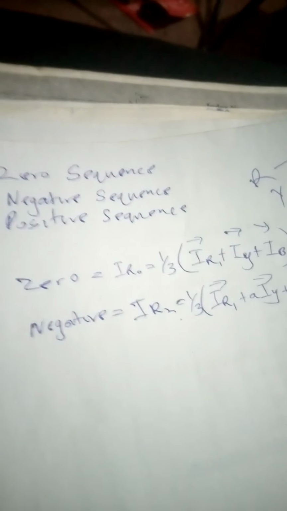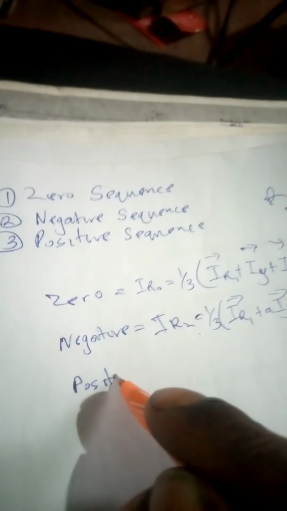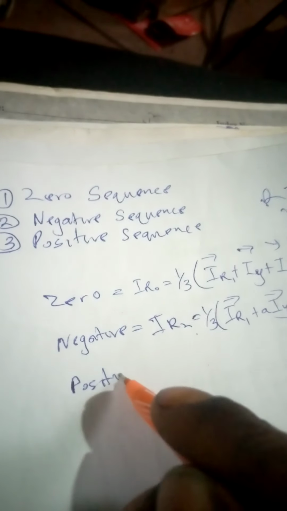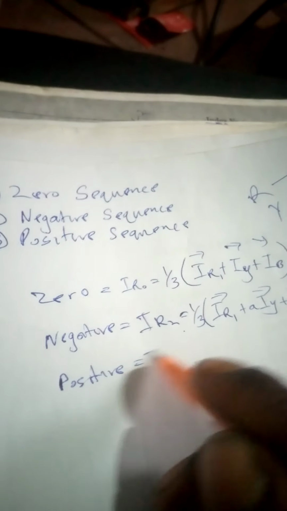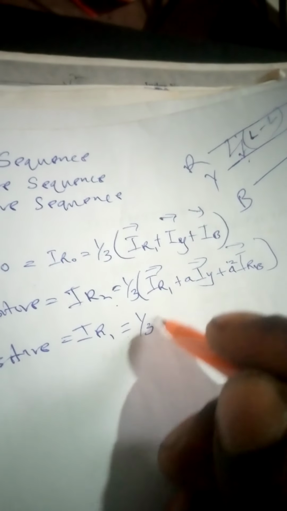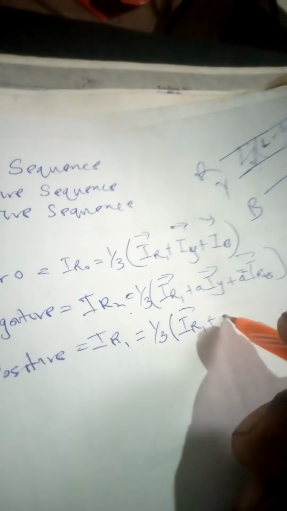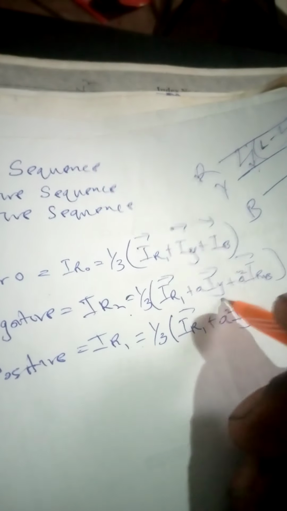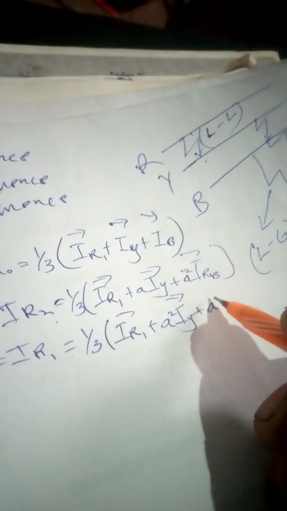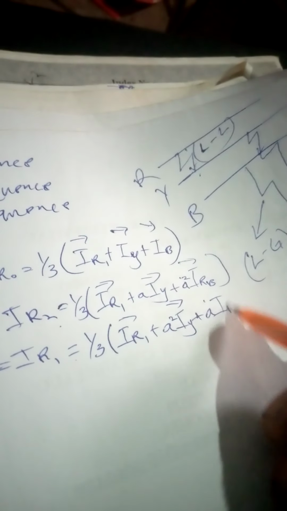That one is for the negative sequence, and lastly we have the positive sequence. IR1 is given by a third of the current at red phase plus A squared times the current at yellow phase plus A times the current at blue phase.